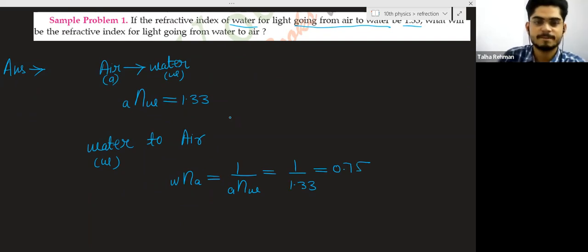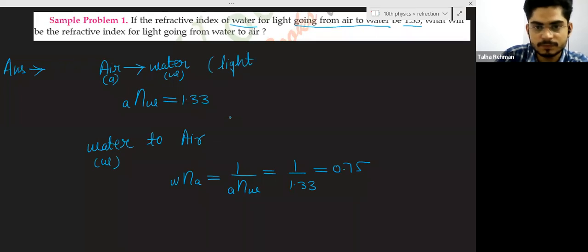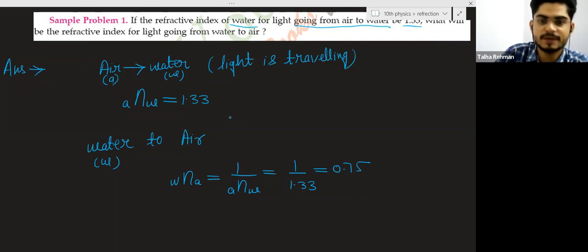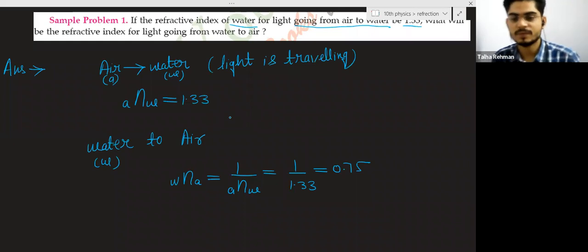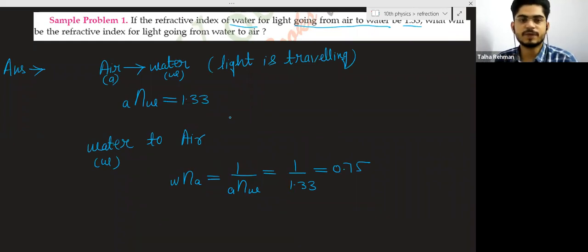Azaan, getting? Yes, sir. Means this time the light is traveling from air to water, and they are asking the refractive index for the light going from water to air.